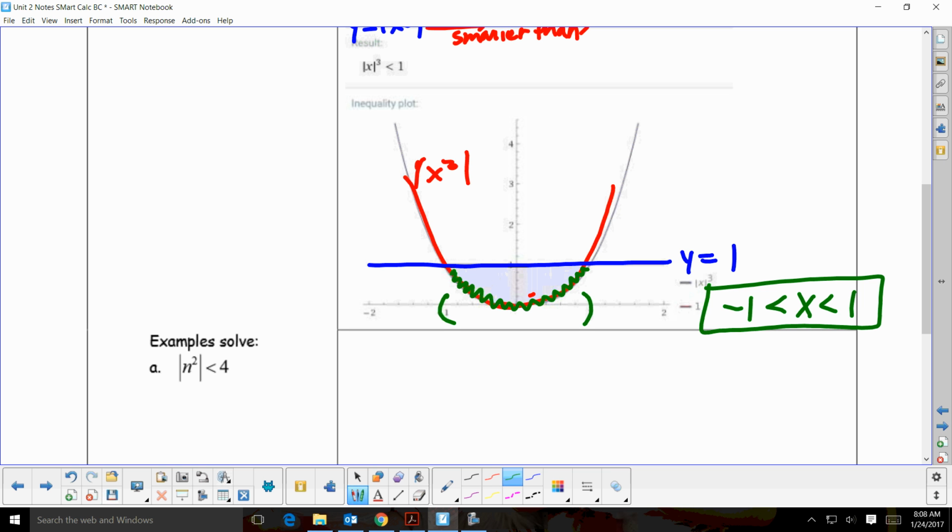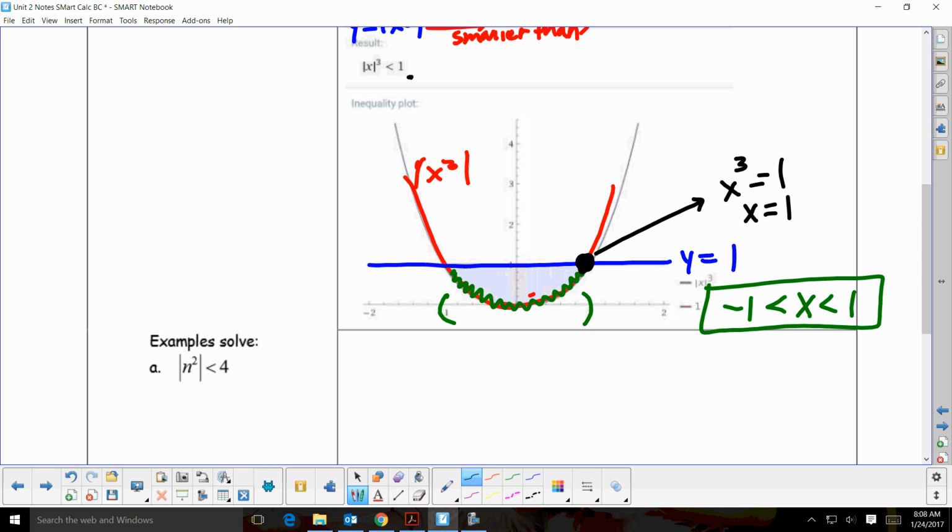And how would I find that point of intersection if it wasn't just nice and easy that I could see? Well, we're not going to have a calculator. We're going to set x cubed equal to 1, okay? Basically, because that was the 1 here. So we just set them equal, take the cube root, and what do I get? 1.